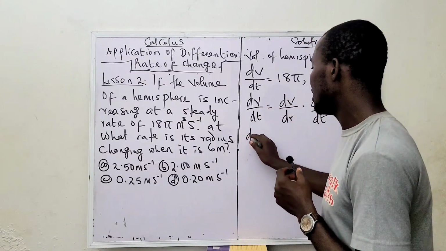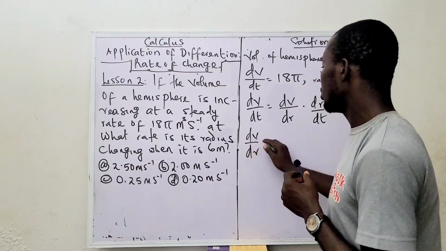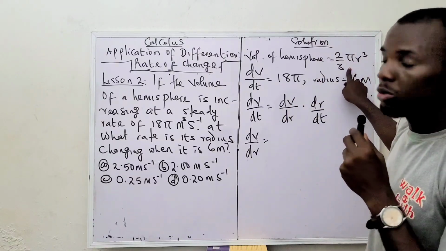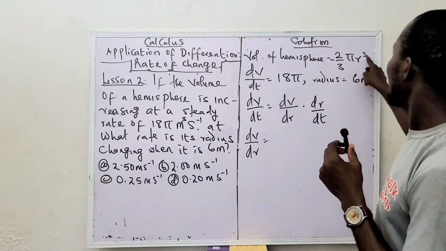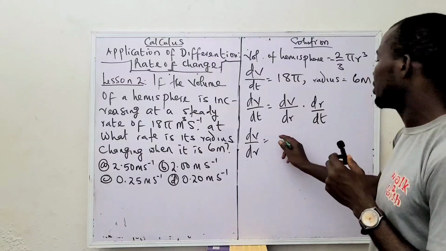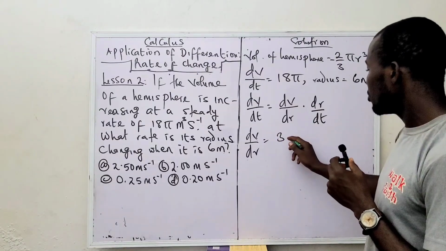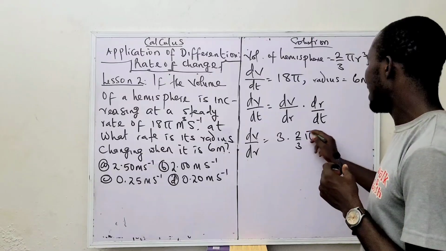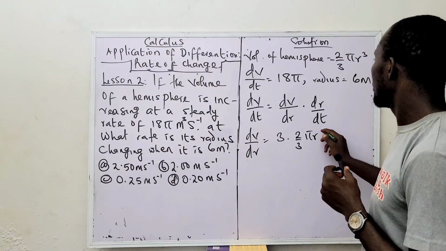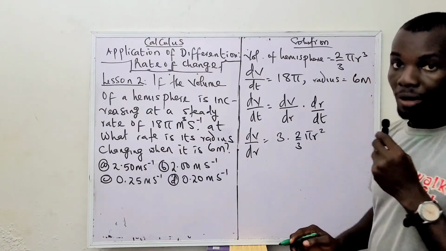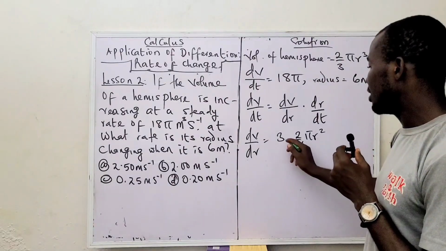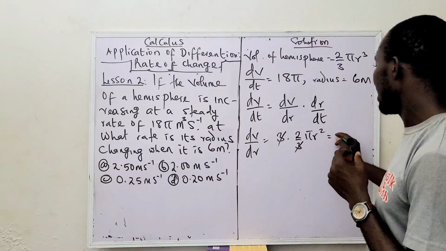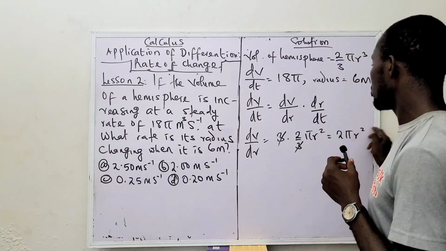Here our dV over dr, you just look at this particular formula and then differentiate it. If you bring this 3 to the front, that will be 3 multiplied by 2 over 3 pi r square. We have differentiated that, and this 3 will cancel this 3, and so we have 2 pi r square.